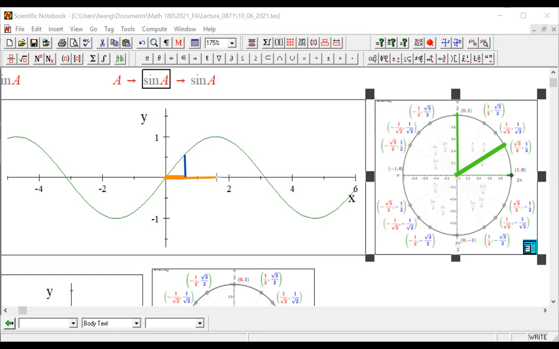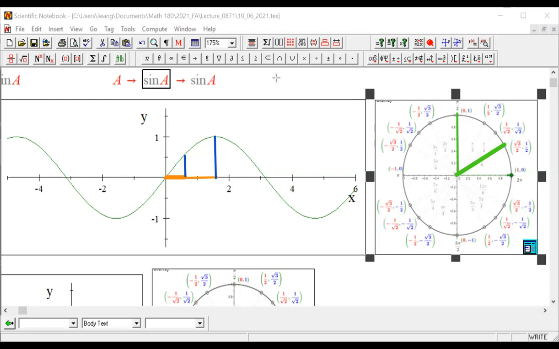That's the input. And it's a positive, right? Because a positive angle. Now, the blue, what is the blue? Is this height. That's 1. So this orange is pi over 2. The height is 1.